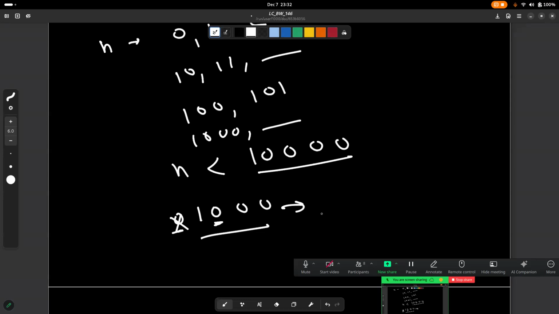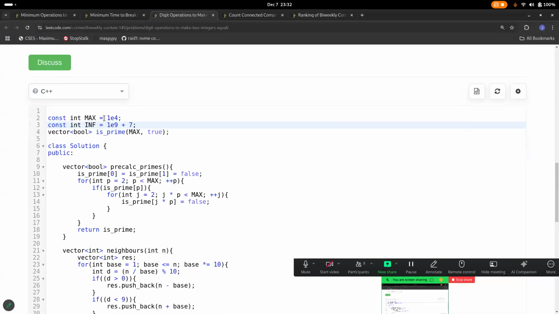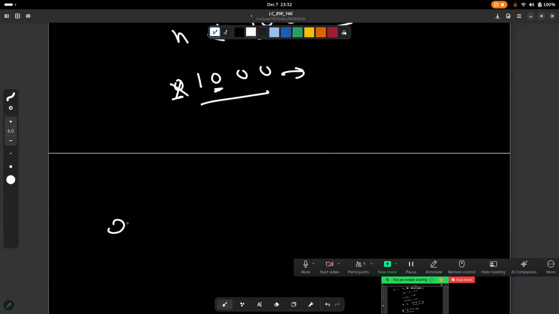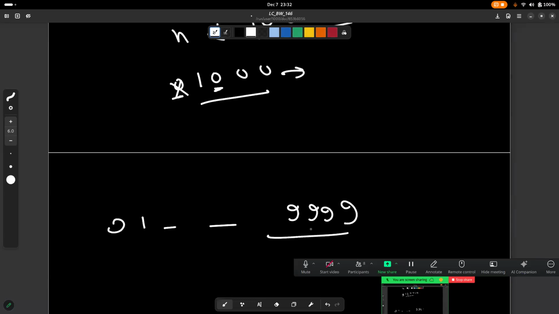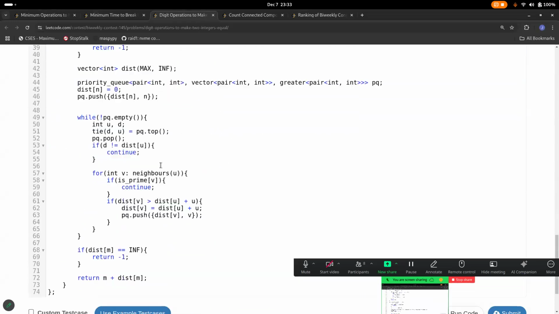So the maximum number of nodes in our graph, even if you explore all the nodes, will be at most 0, 1, all the way up to 9999. This is the maximum number that you can reach. Any further, and you will need 5 digits, but you can't go to 5 digits with the operation you have from a 1, 2, 3, or 4 digit number. So you'll have at most 10 raised to power 4 nodes. That is your max value.